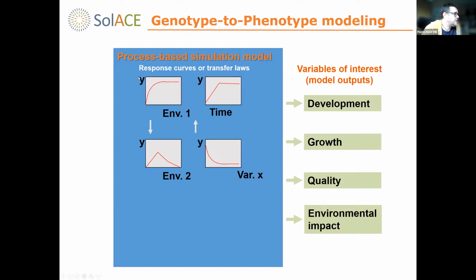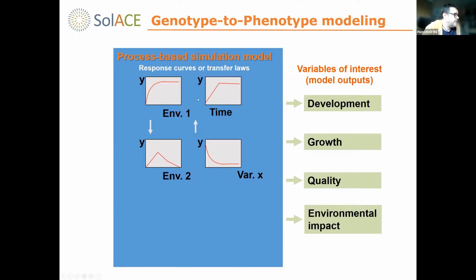For example, the relationship between photosynthesis and light has this type of curve, but it could also be a relation between another pair of variables, say stomatal conductance and ABA, for example.